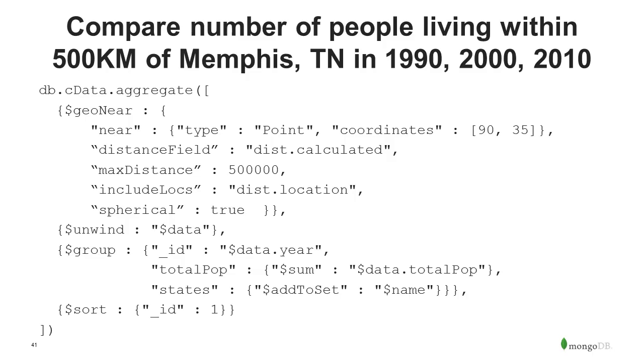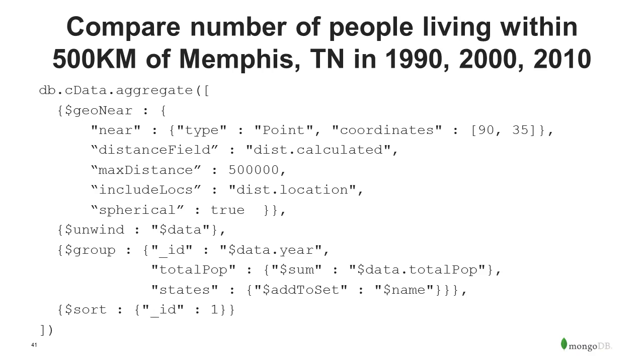But here's just an example, where I'm saying the max distance is 500,000 meters. That would be 500 kilometers. And near this point here is the coordinates of Memphis, and spherical to use the spherical calculations.